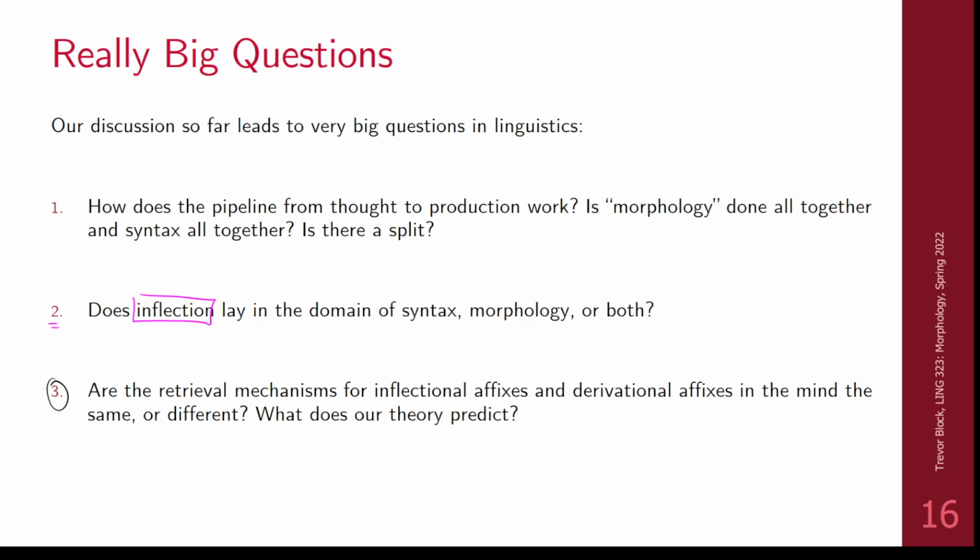Are there ones that are faster? Based on our continuum model, what do we say about how morphemes are accessed? Based on the binary model, how do we say that morphemes are accessed? If we had a human and we could see different things, which model would be correct based on what we see from humans? So a lot of really interesting problems that'll be solved over the next, hopefully, 20, 30 years.